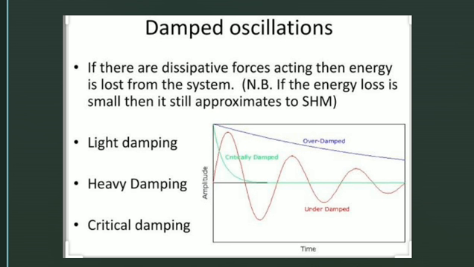And critical damping is where initially the oscillation is high, and within a few seconds the oscillation becomes zero. That's why three lines. This line is light damping, this one is heavy damping, and this one is critical damping. Okay students, right?